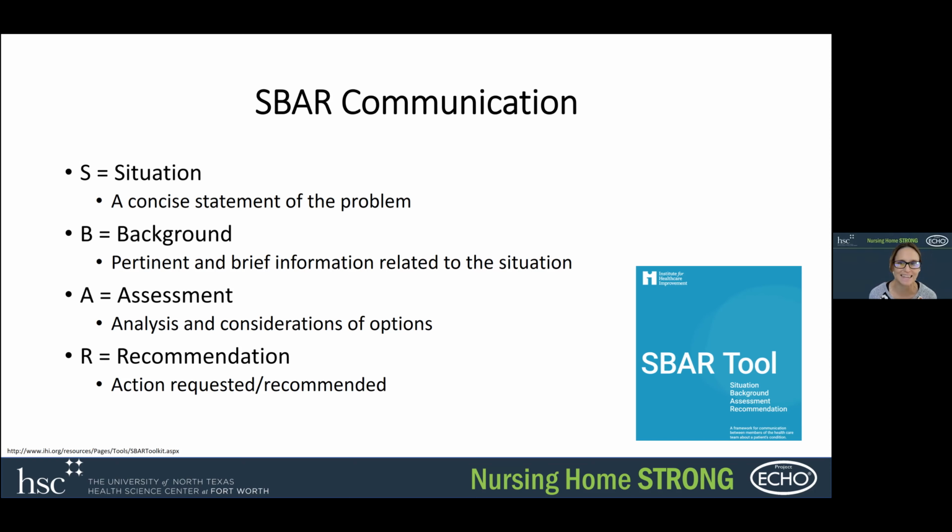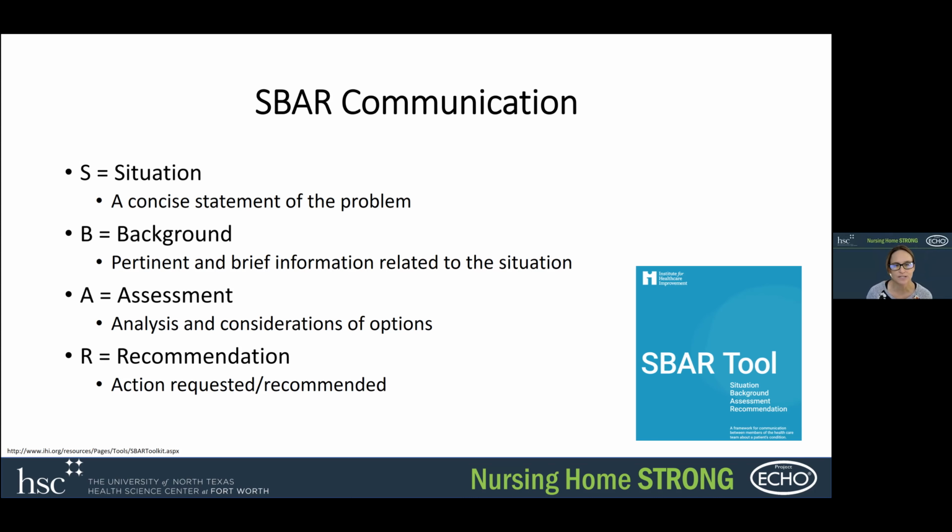Situation provides you an opportunity to communicate a concise statement of the problem. The background provides you with an opportunity to give any relevant information. We want this to be brief, but we want to make sure that we're explaining the situation appropriately. The assessment is our own personal assessment and analysis of any considerations and/or options. And then finally, the recommendation is what we want to recommend for the person prescribing.